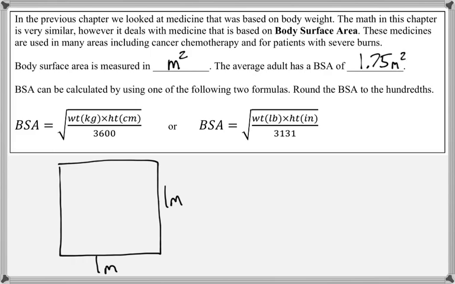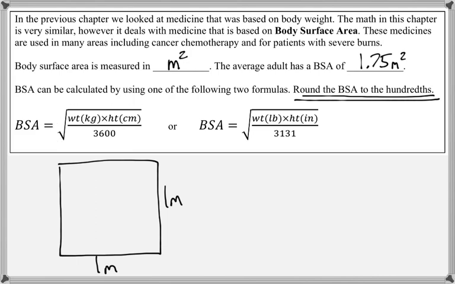BSA can be calculated by using one of the following two formulas, and we always round the BSA to the nearest hundredth. So if they give the weight in kilograms and the height in centimeters, we multiply the weight times the height and divide by 3600 and then take the square root.